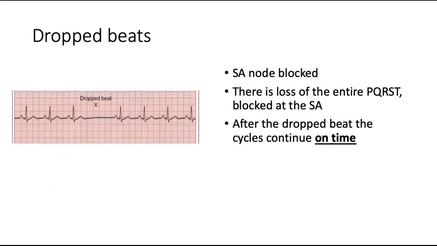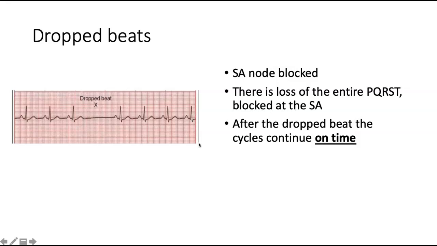The first topic is dropped beats. Here we are talking about the loss of an entire PQRST complex. The SA node is blocked somehow, and we have a full dropped beat. What you'll notice is that before the dropped beat, the rhythm is regular, the beat drops out, and then the beat goes on.